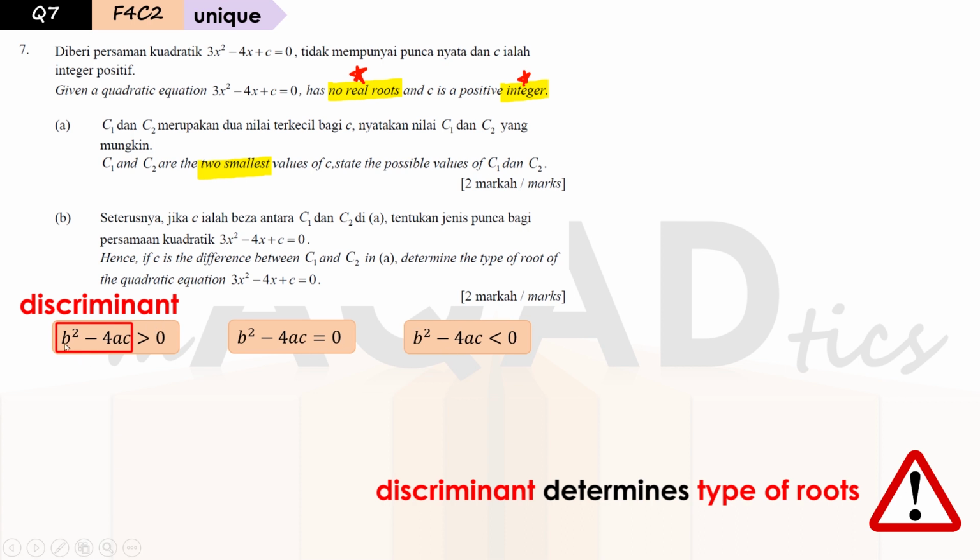Remember this one? b squared minus 4ac, which is called the discriminant. There are three kinds of cases: greater than 0, equal to 0, or less than 0. So which one does no real roots belong to? I give you 5 seconds to think which one it should belong to.